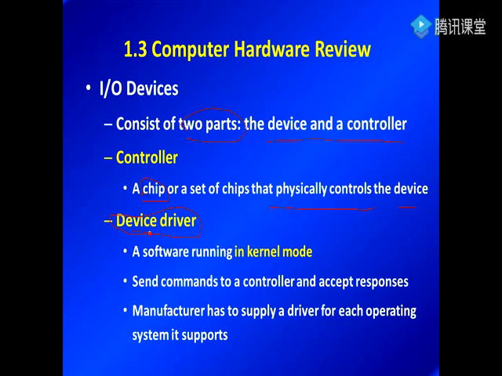And each device, when the manufacturer produces a device, the device already has two parts, right?